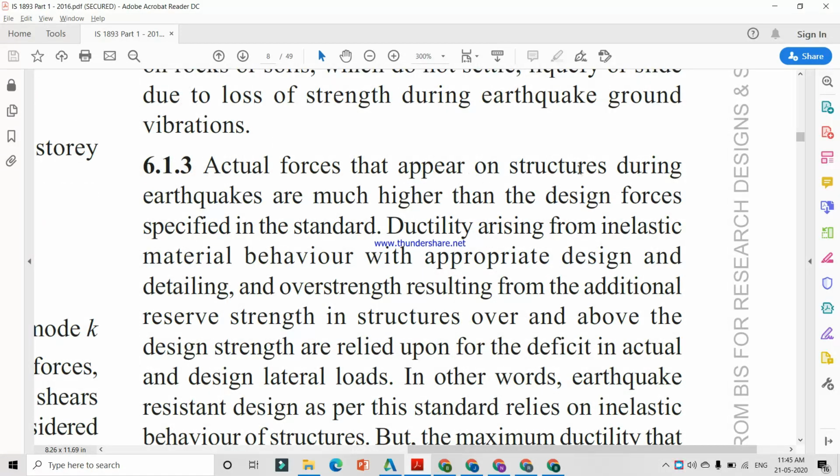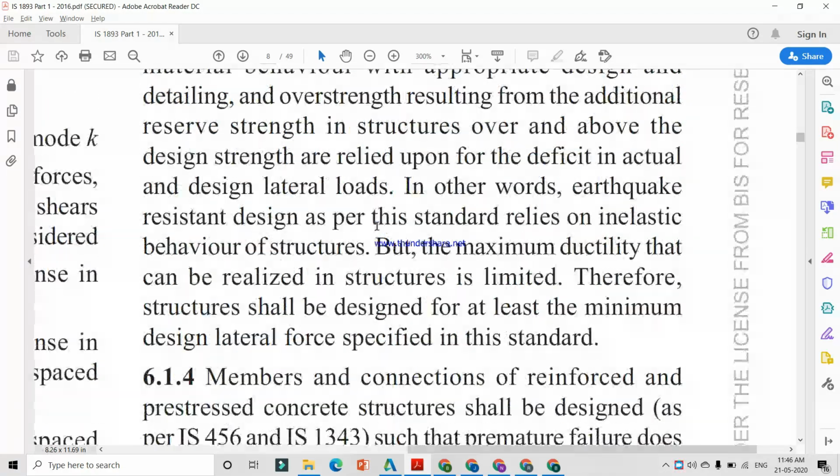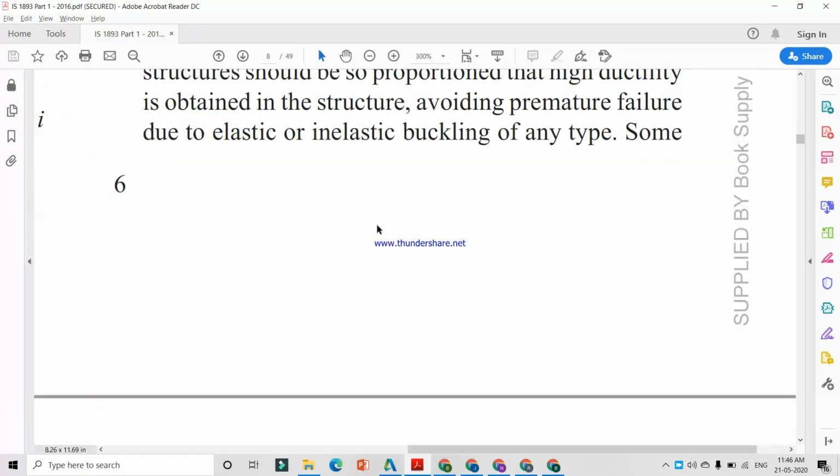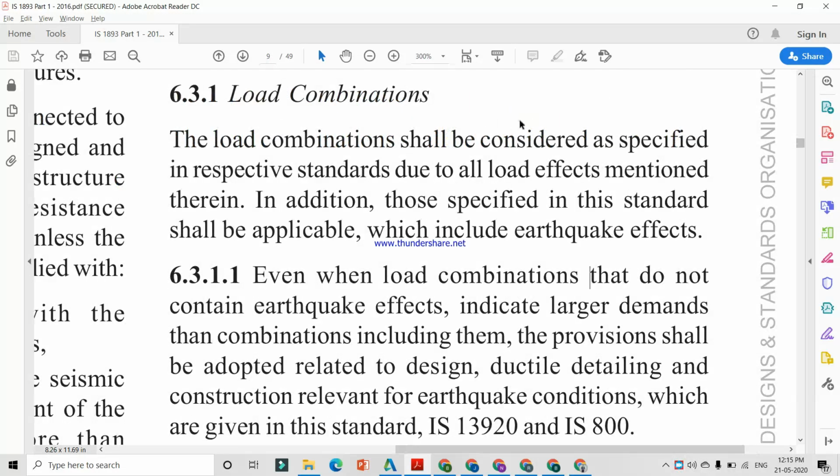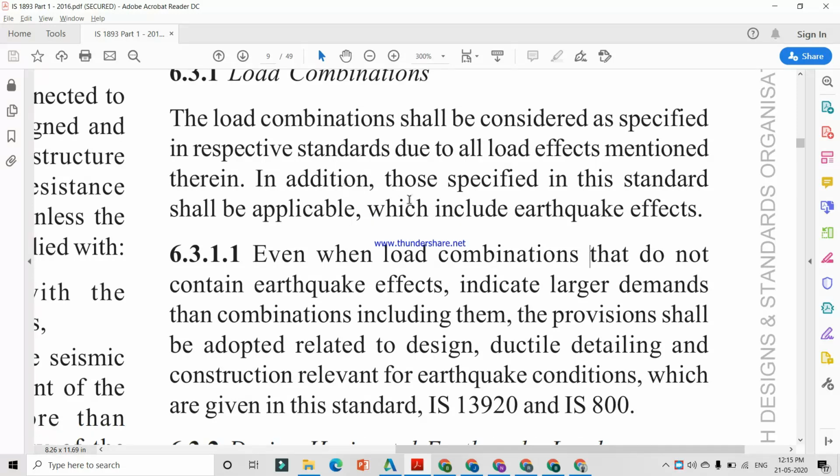Actual force that appears on the structure during the earthquake is much higher than the design force specified in the standard. That means actual force which is applied on the building is almost always higher than the design force which is specified in the standard. There are a few things required for the factor of safety, and all the load combinations should be applied as per the IS 1893.